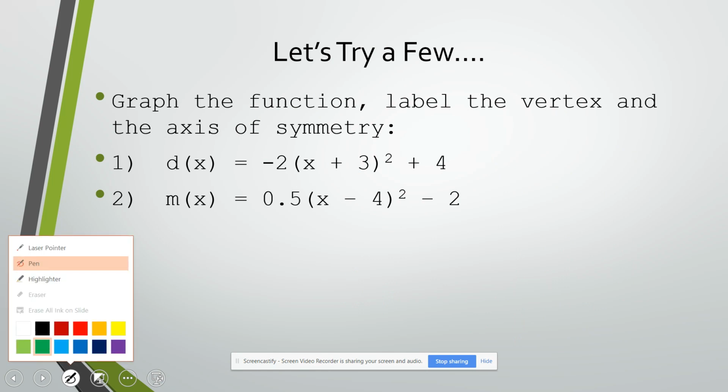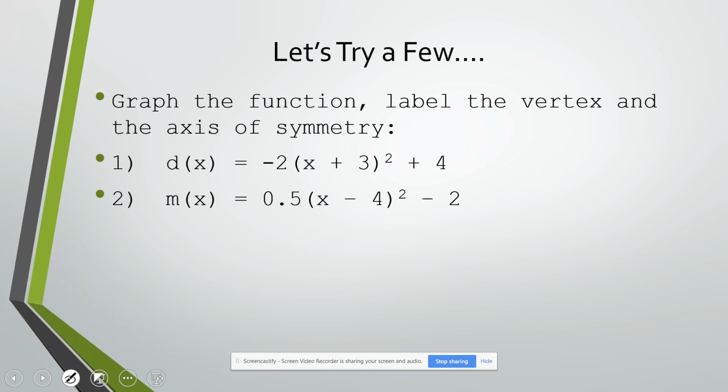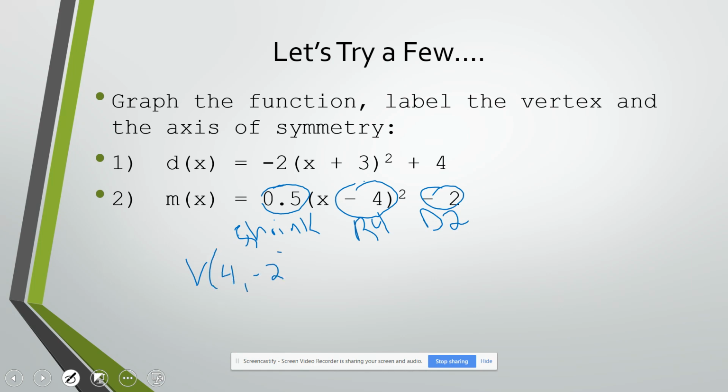Let's try number 2. So if I'm looking at number 2, this right here is a shrink of 1/2. This goes right 4 and down 2. That means our vertex is at 4, -2. And this vertex of 4 also tells us that our axis of symmetry is at x equals +4.